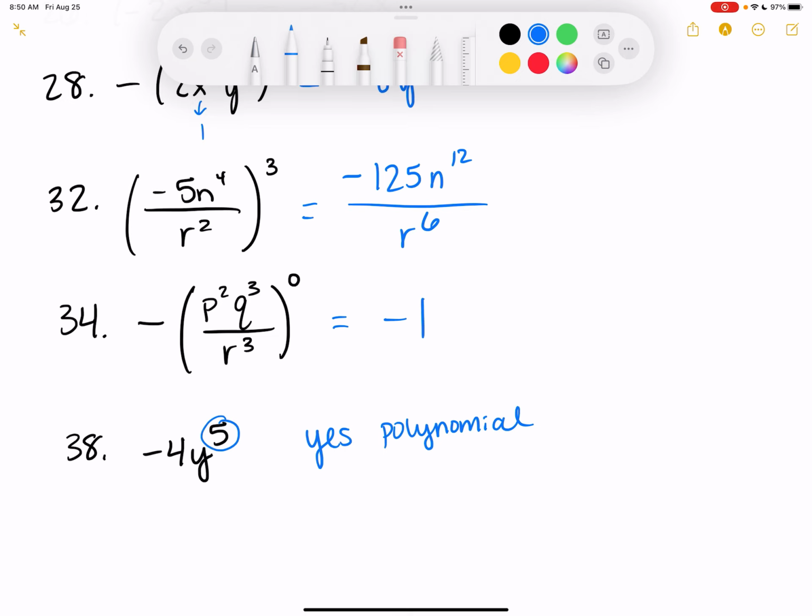So it's degree 5. And this is only 1 term, so this is going to be monomial. Now, if you said that it was not polynomial, none of the other questions are going to get answered, because that only applies when it's polynomial.